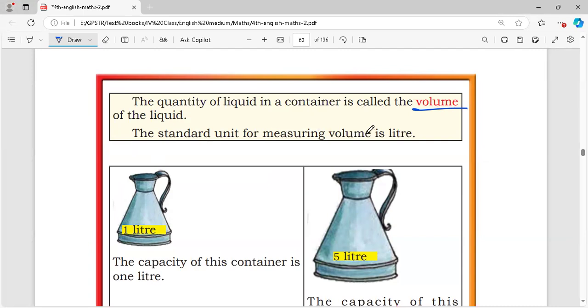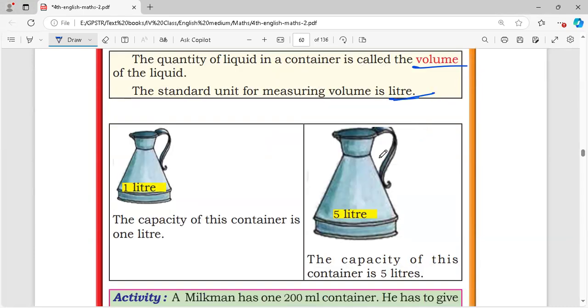The standard unit for measuring volume is liter. See, this is a 1 liter, 5 liter container.